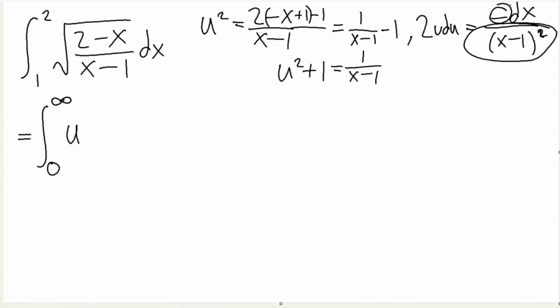So if this is our dx, then our dx is equal to 2u du, and this whole thing is this squared, so it would be under here, u squared plus 1 squared. So, our integral will look like this.